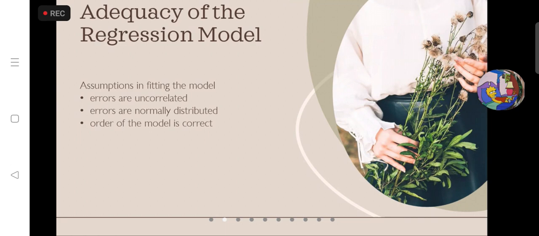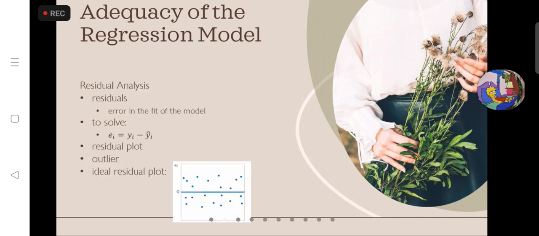Since we only estimate and assume, we cannot explicitly say that this is the value for our slope or our intercept and other parameters. So we will then do residual analysis. Residuals are the errors in the model, because we account for errors since we are not using exact values, we only use estimates.